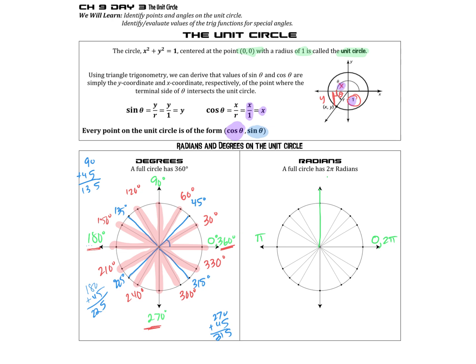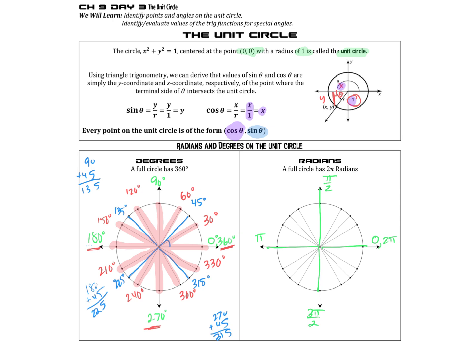Between 0 and pi, if I cut that in half, half of pi is pi over 2. So if I think about this as halves of the circle, this is pi over 2, 1 pi over 2. This is 2 pi over 2, which is pi. This is going to be 3 pi over 2, and this is going to be 4 pi over 2, and 4 pi over 2 is just 2 pi.